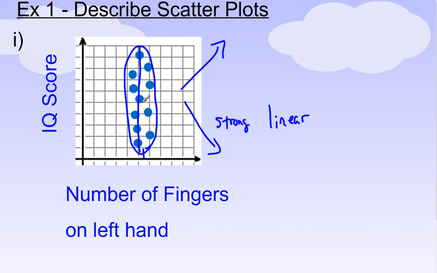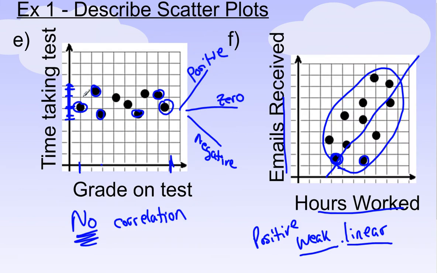Like that. This is kind of neither. This is not very strong. It's not very weak. It's a vertical line, and that has no slope. So this also has no slope. There's no correlation. Even though it appears to be a straight line and appears to be strong, this is kind of like this example, where it wasn't going up, it's not going down, which means there is no correlation between these things.